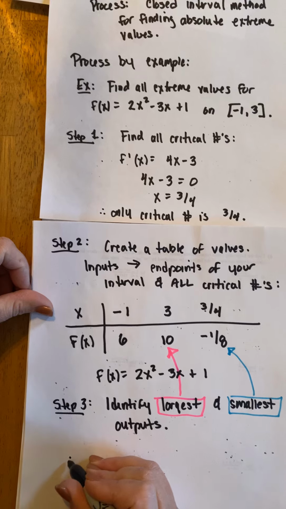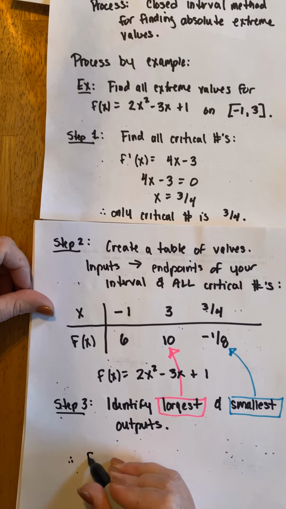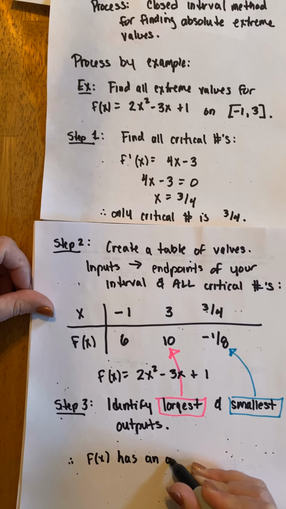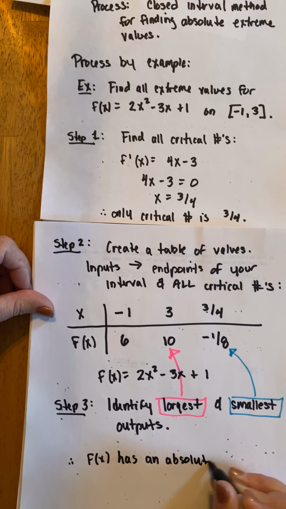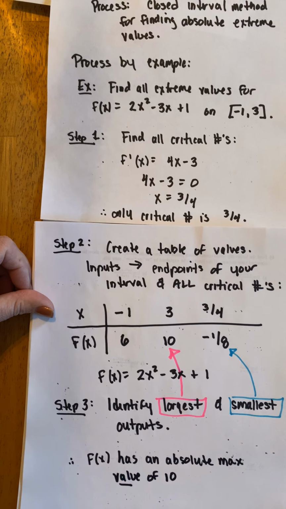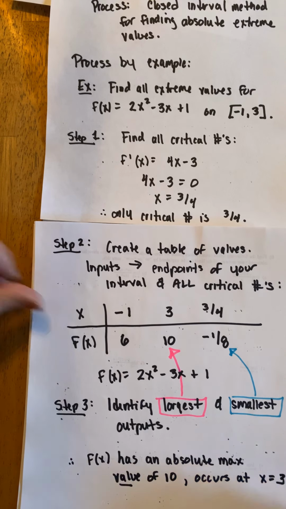So therefore, f of x has an absolute maximum value of 10. It occurs at the endpoint x equals 3.